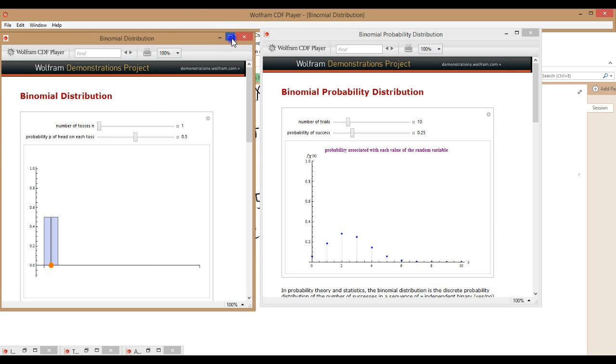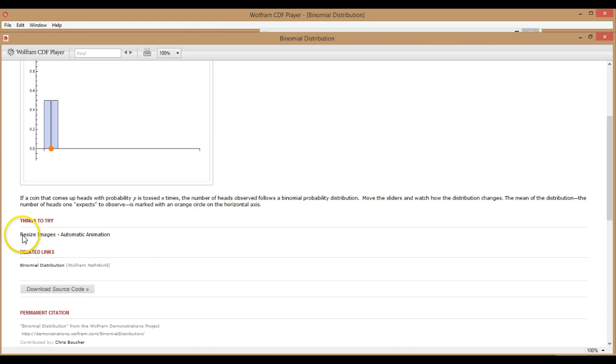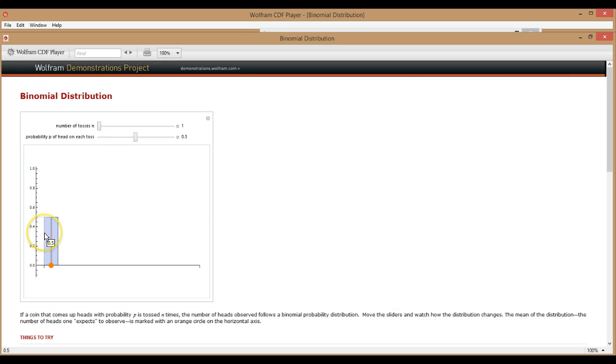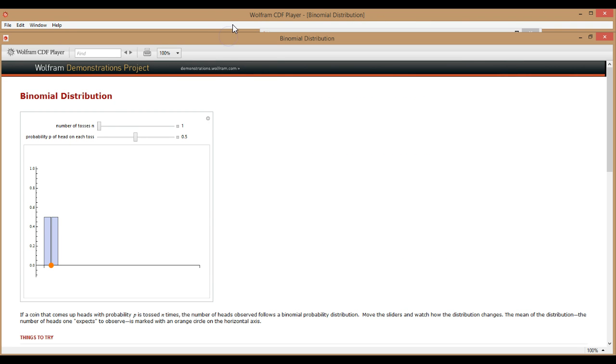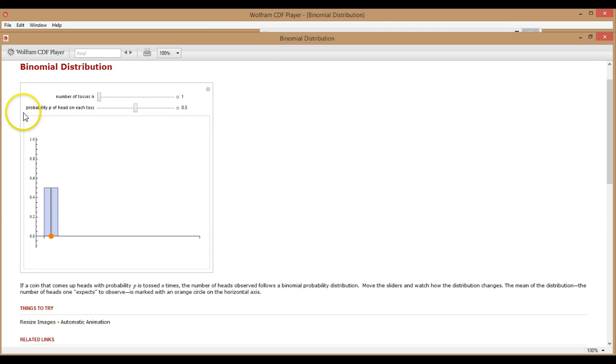So you can definitely use this. This is a simulation that I found. What this shows is the graph depending on how many trials you have and what the p is. All right, so let's just do this for now.